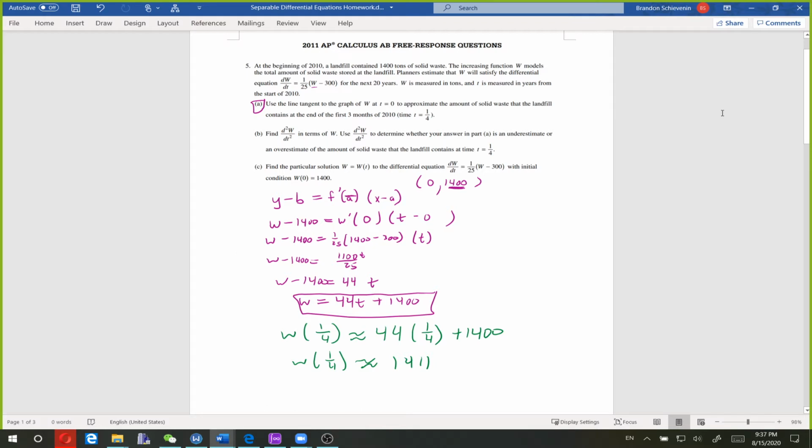Can you guys still see, or is that too small? Okay. Perfect. We're making an estimate for W, so that's still tons of solid waste.